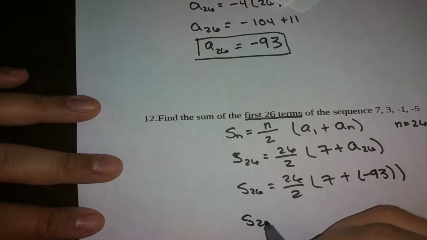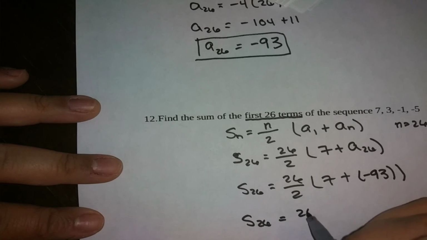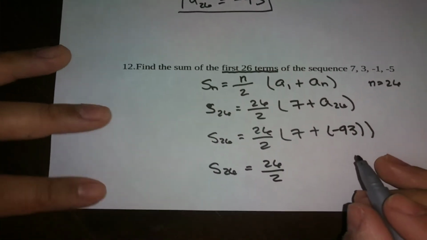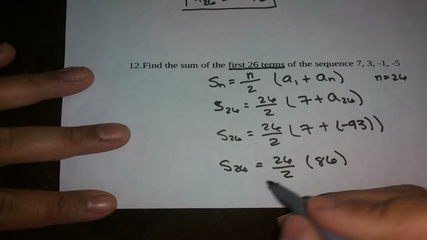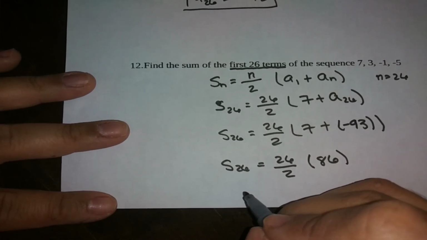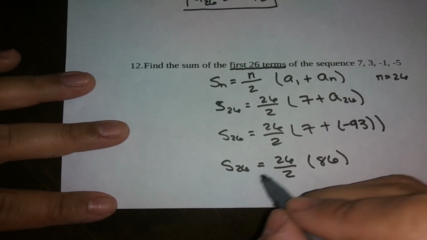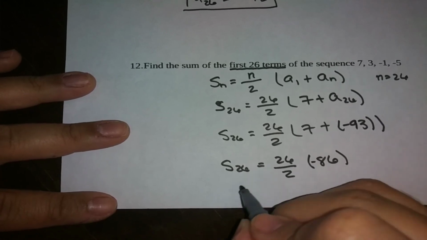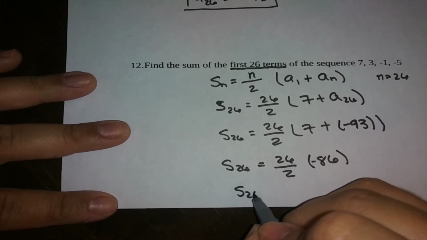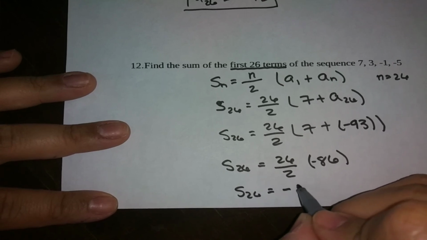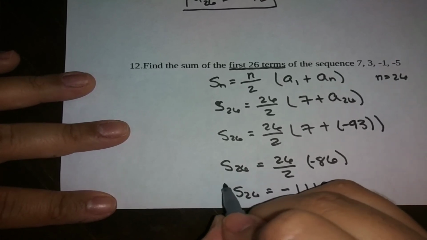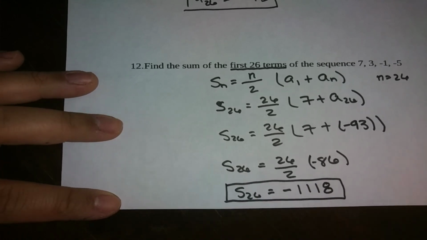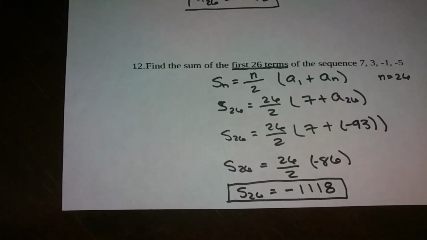So once I simplify that, I'm going to get 26 over 2 times negative 78. And this is going to give me negative 1,014. And that is the sum of my first 26 terms.